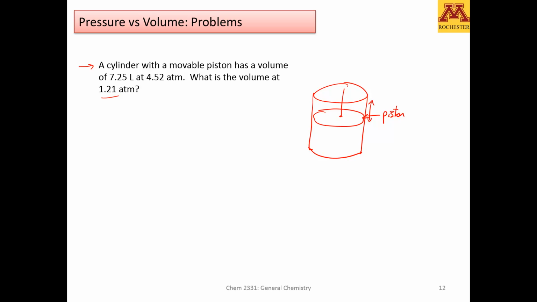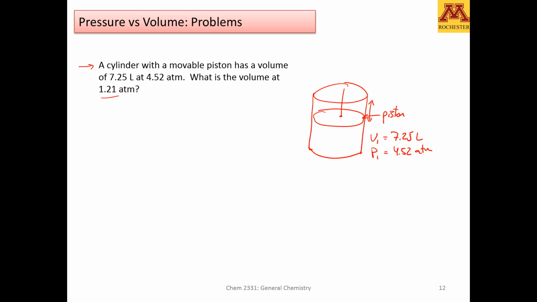Initially your volume, let's say volume 1, is 725 liters, and your pressure at the beginning, pressure 1, is 4.52 atmospheres. And now it's saying that we are going to move the volume so that we have 1.21 atmospheres.